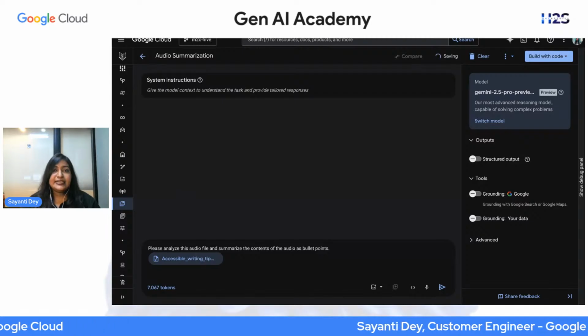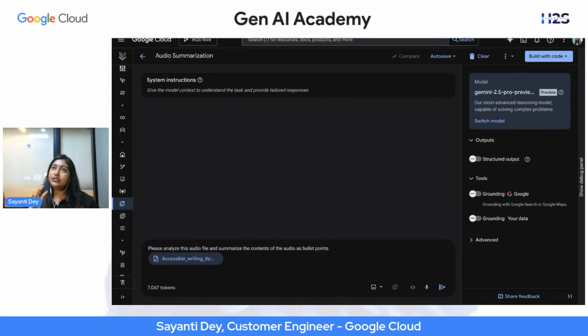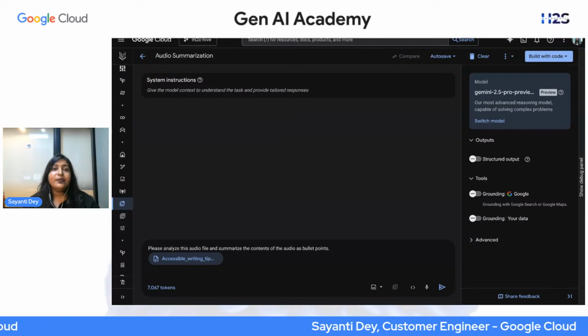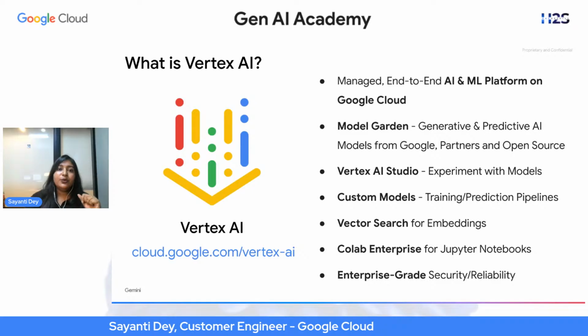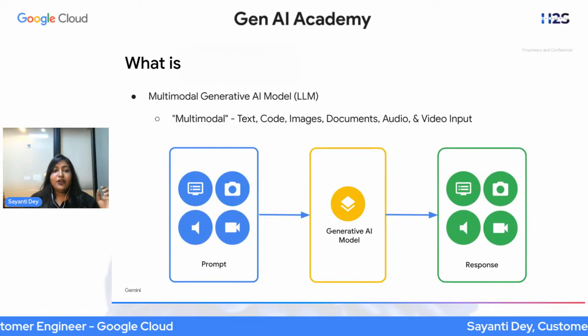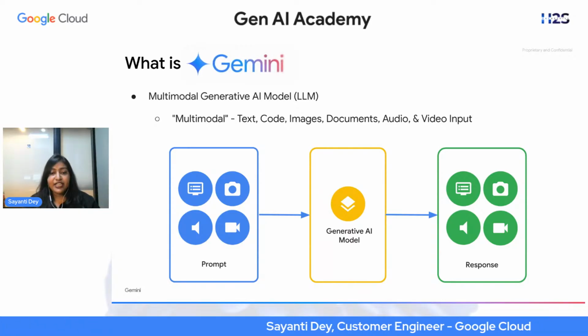Now let's come back to Gemini. So now you understood Vertex AI. We have Model Garden. Inside Model Garden, we have different types of pre-trained models. One of them is Gemini. So now, what is Gemini? Gemini is a family of multimodal generative AI models.